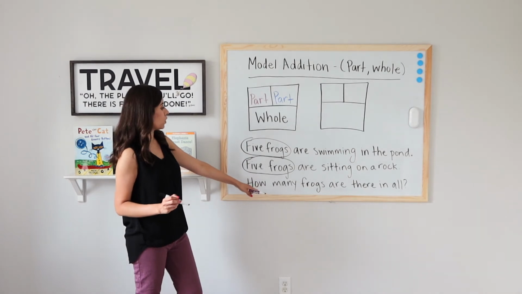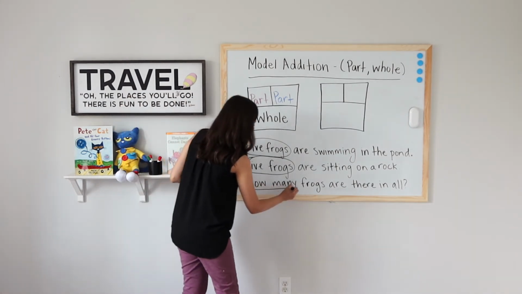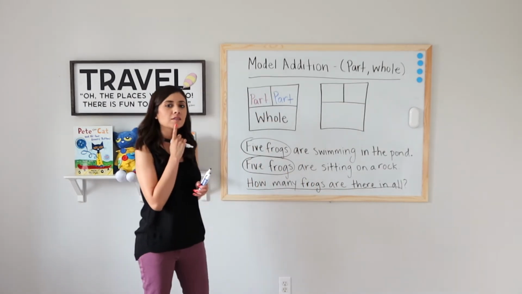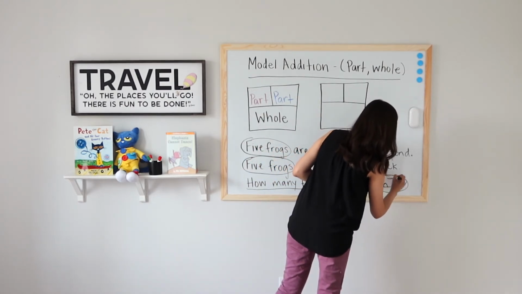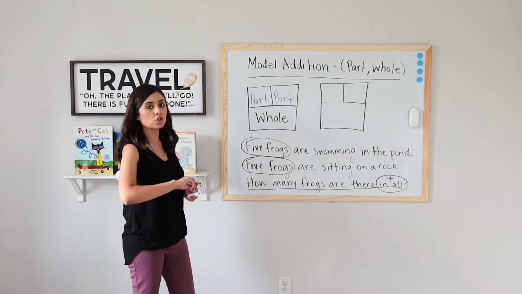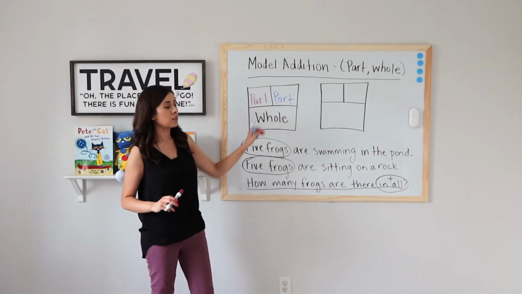Now I need to know how many frogs are there in all. And what does in all mean? Add. Awesome. Okay, so I'm going to write my 2 parts up here, just as it shows here.